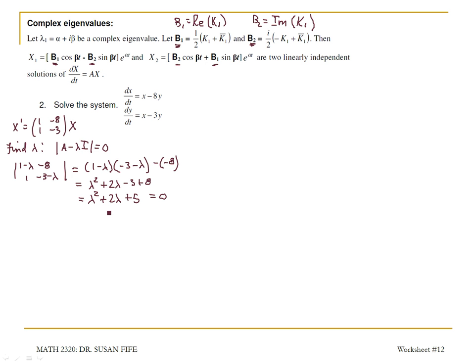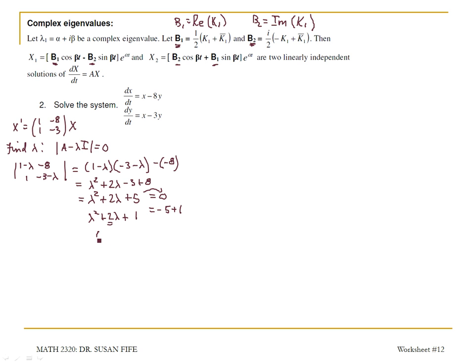I'm going to solve this by completing the square. I'm going to start by bringing this 5 over to the right side. Gives me a negative 5. And then with the lambda squared plus 2 lambda, I'm going to complete the square by taking half of 2 and squaring it. Half of 2 is 1. Squaring it gives me a 1. I'm going to add 1 to both sides.